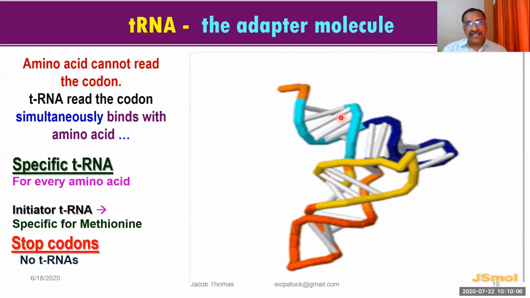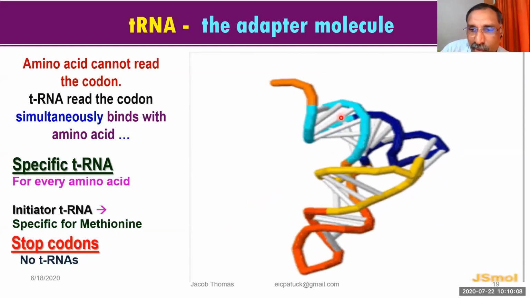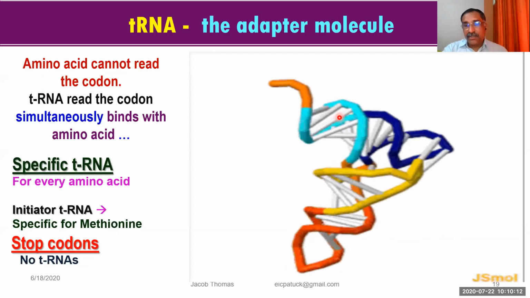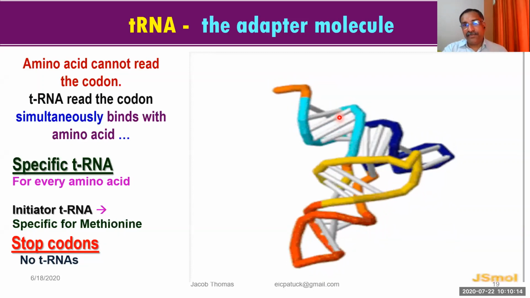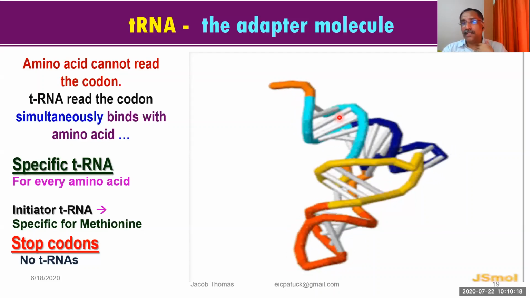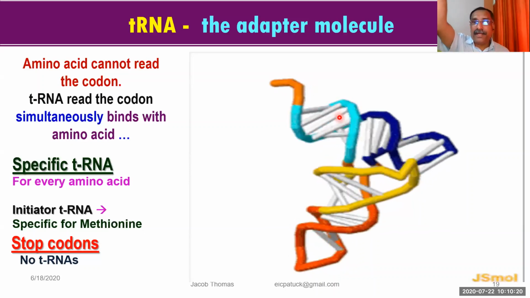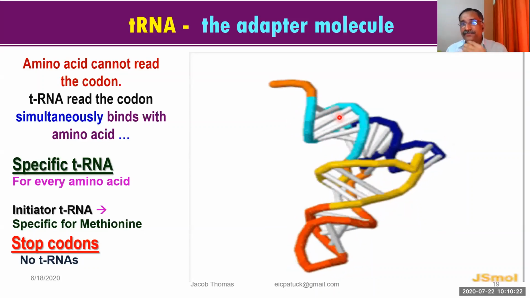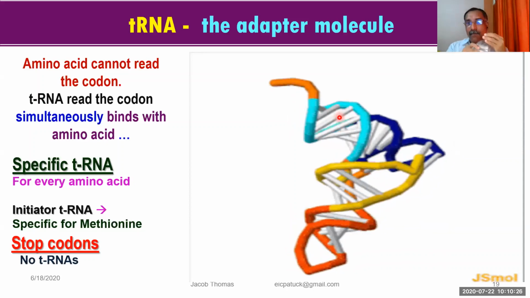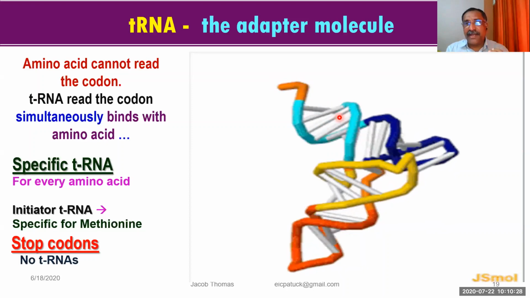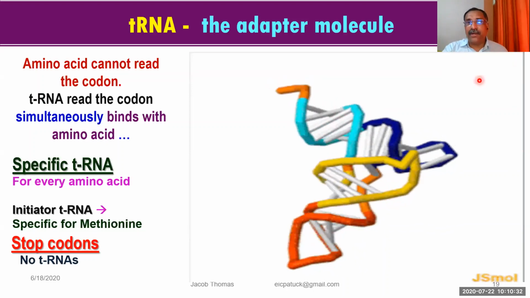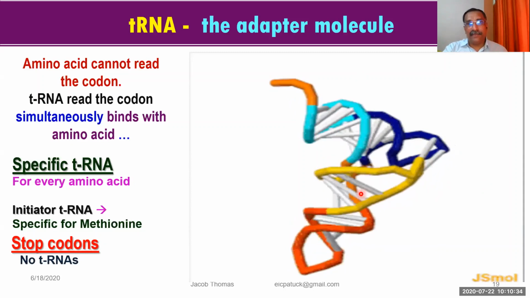Now, you are getting one picture over here. This is a 3-dimensional picture of the cloverleaf model. The previous slide I showed was 2-dimensional, but here what you are observing now is 3-dimensional.